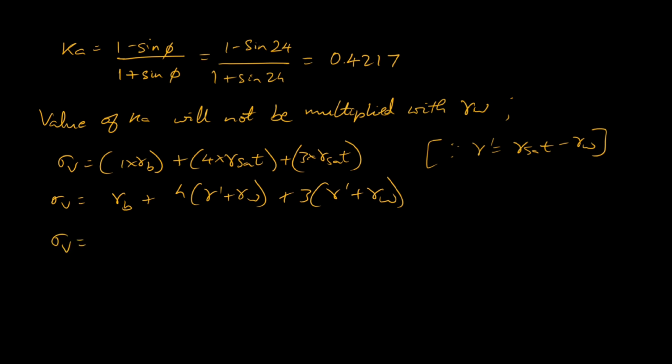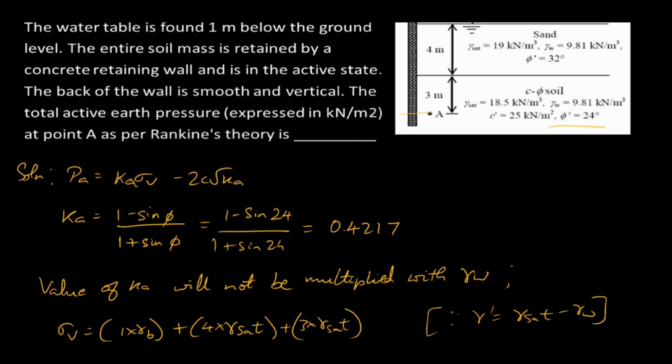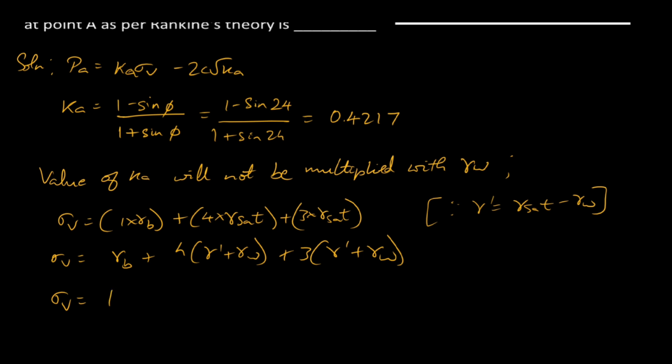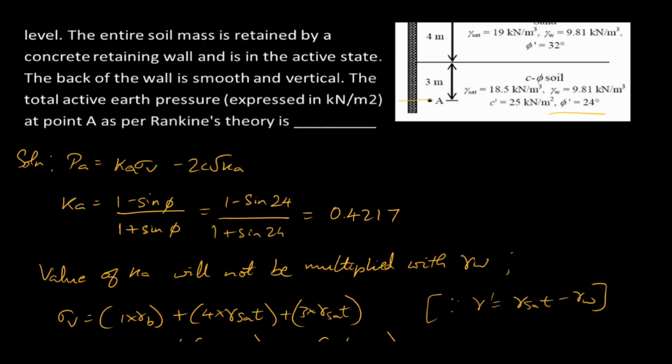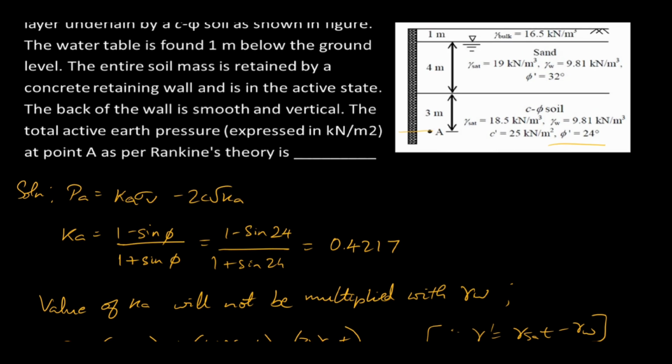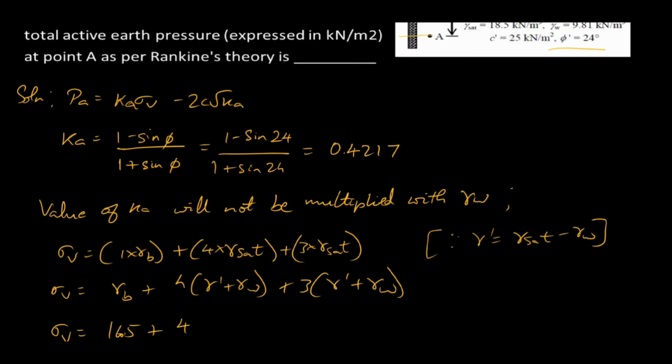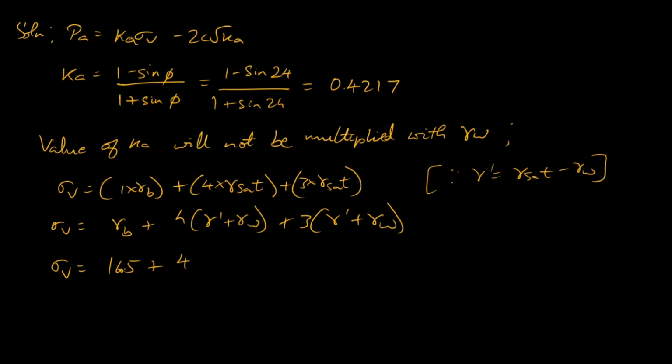So the value of sigma V is 16.5 plus 4 gamma dash. 4 gamma dash will be equal to gamma sat minus gamma W, gamma sat 19 minus 9.81, plus 4 gamma W plus 3 gamma dash.